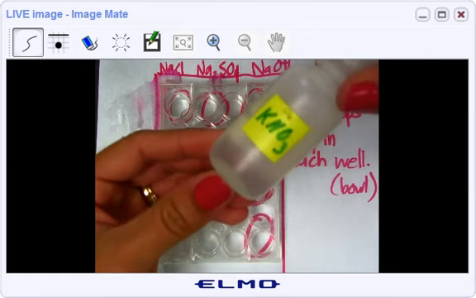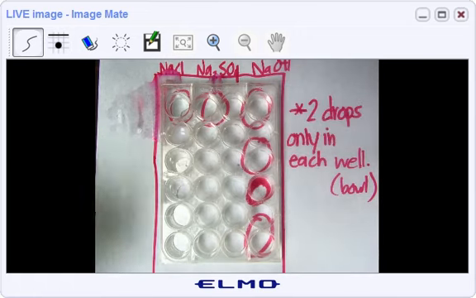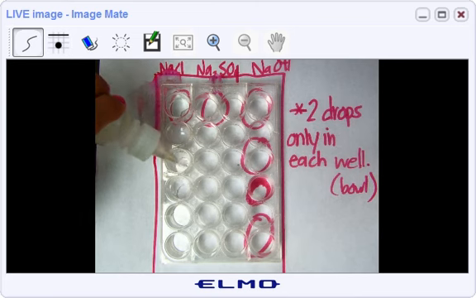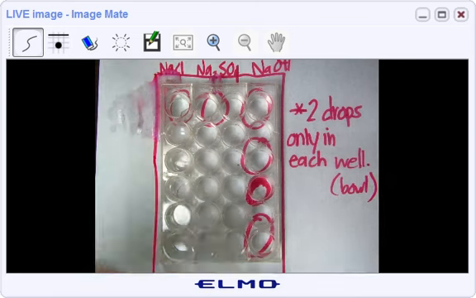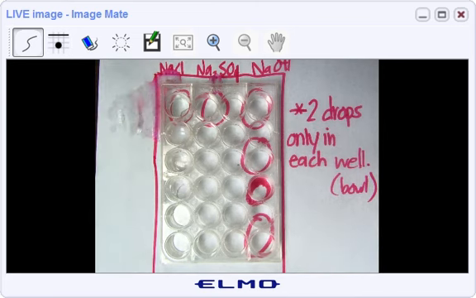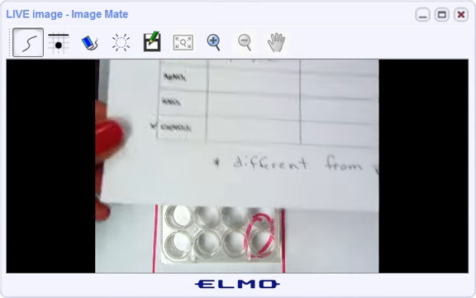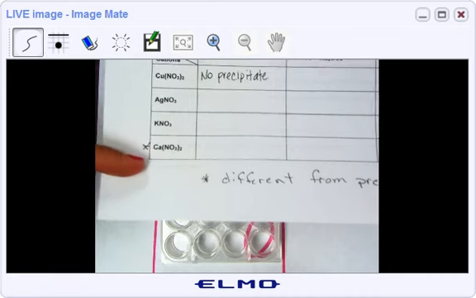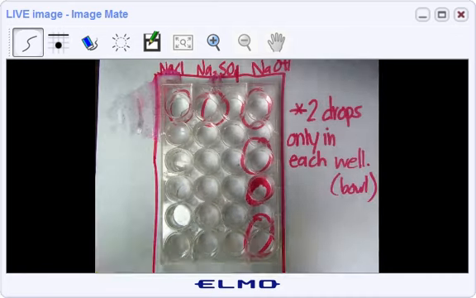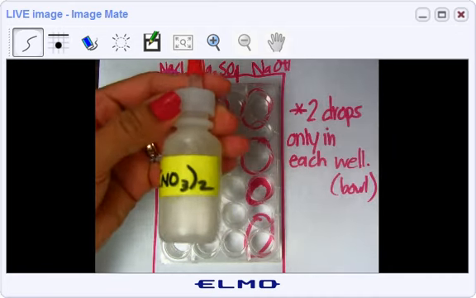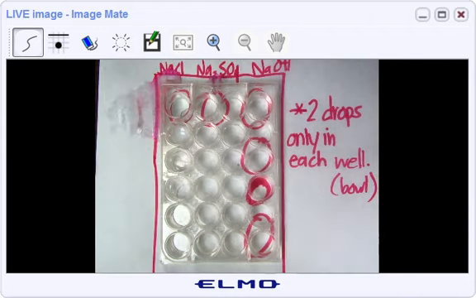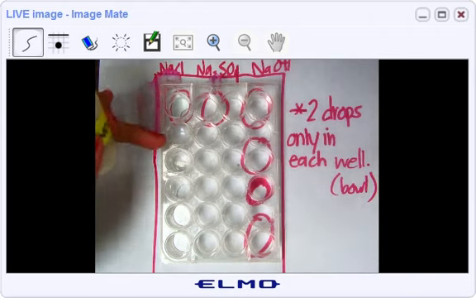Here's KNO3. I'm just going to add 2 drops. I'm going to go back and fill out my observations after row 1 is done. After KNO3 is CaNO3 too. Here is CaNO3 too. That goes in the 4th one down. 1, 2, 3, 4.